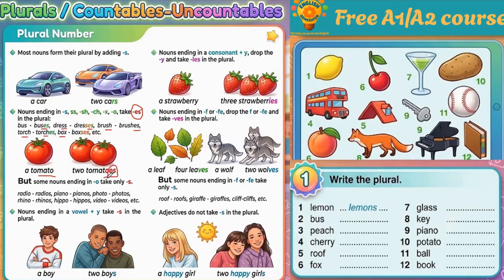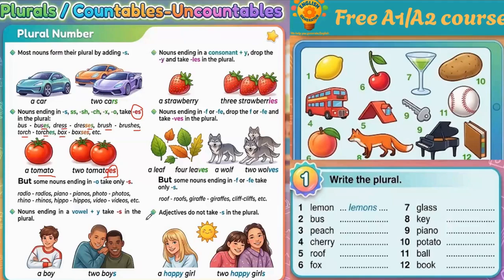But here we have some irregular cases for words that end in O, like the words radio and piano, and the word photo and video, and rhino and hippo. So to make it easier for you, we will put it in 3 categories.